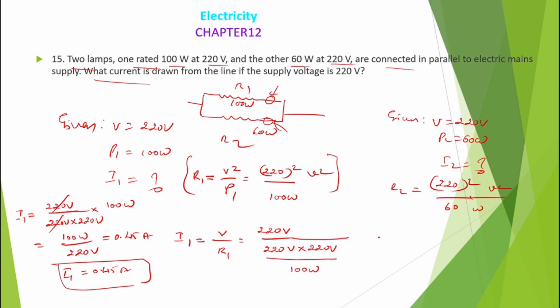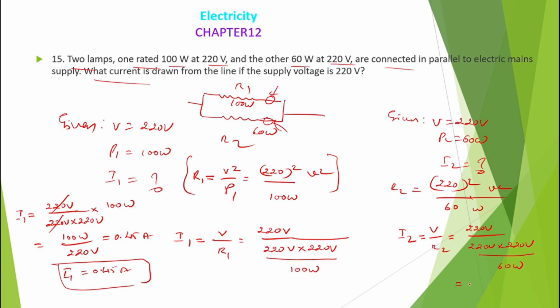And the second, we will see. So R2, that means I2 is equal to V by R2. So V is equal to 220 volt divided by R2, which means 220 volt into 220 volt divided by 60 watt.